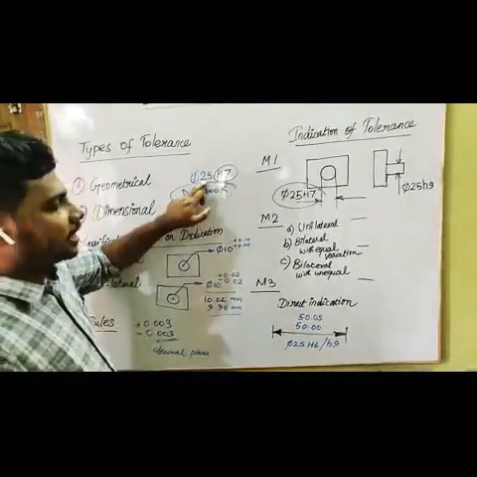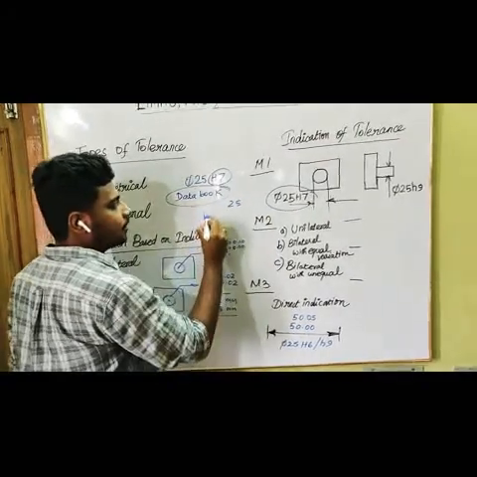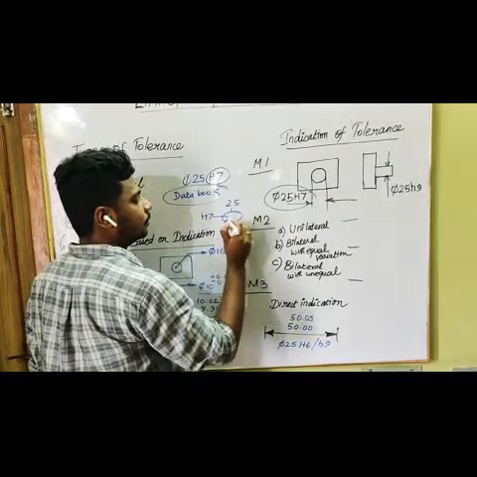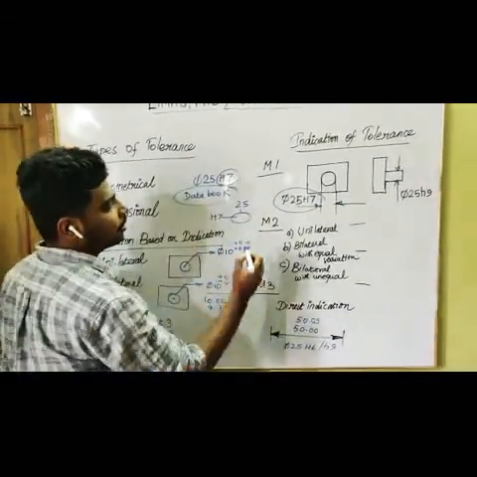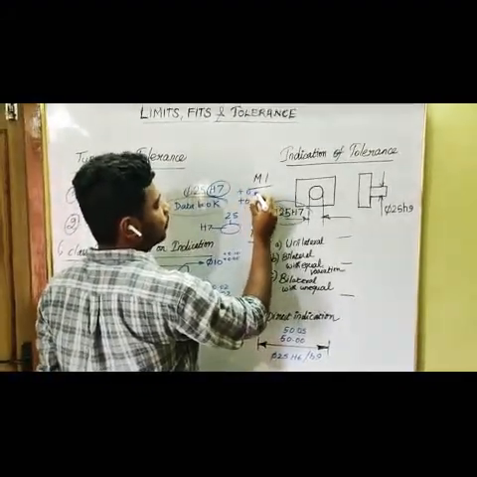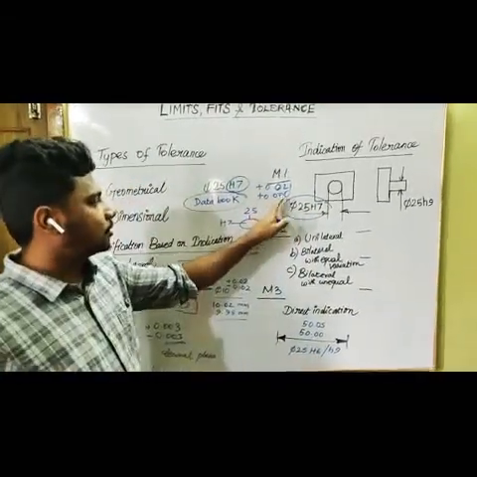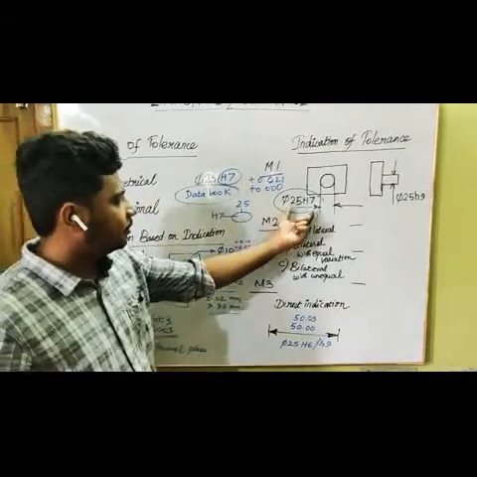For 25 mm of diameter and the H7 grade number, what is the tolerance value? That value will be given. The tolerance value will be plus 0.000, plus 0.021. So 21 micron is the grade value for this H7.